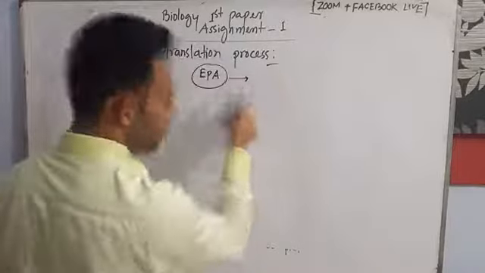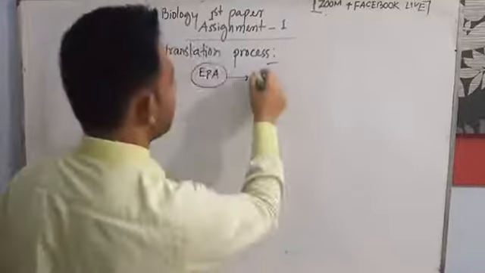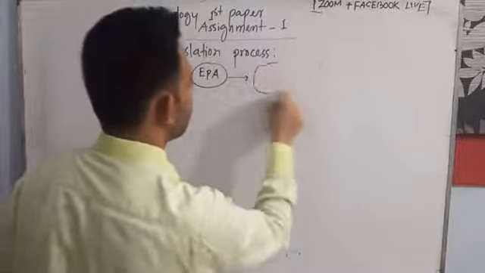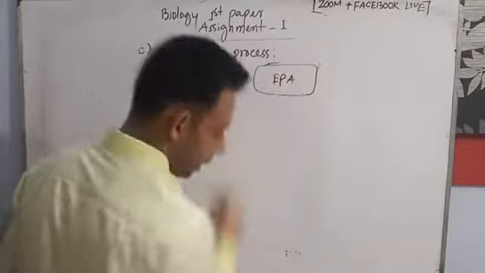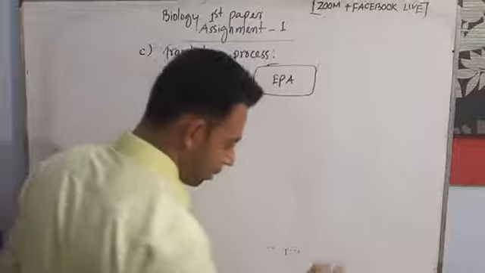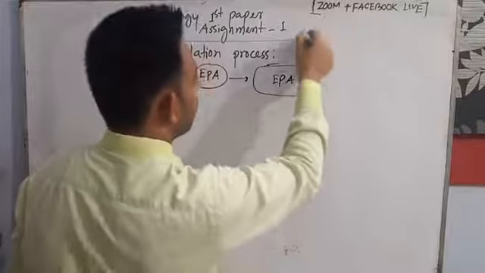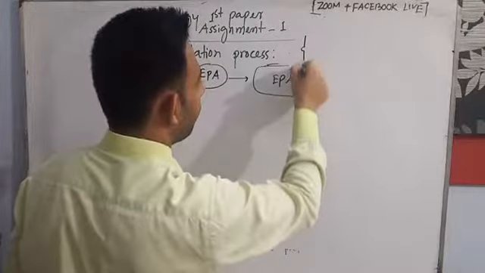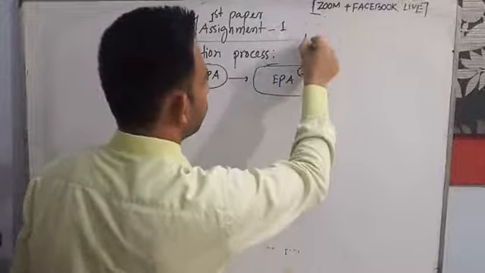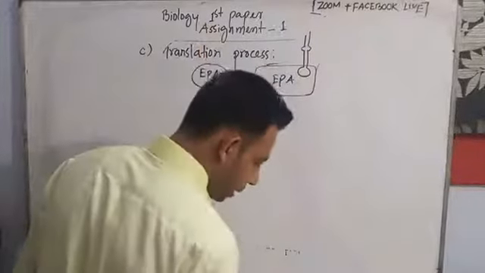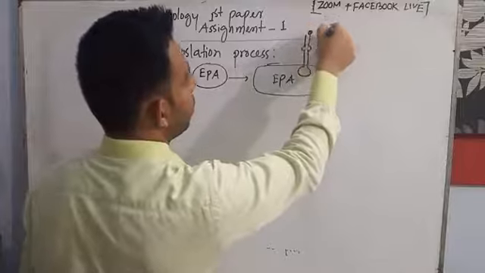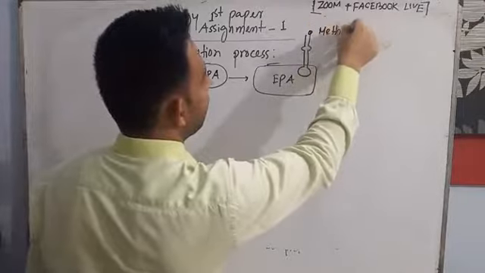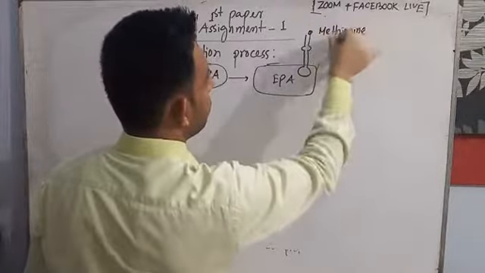Okay, this EPA is connecting with, suppose this one, the EPA. What the EPA is, I will tell you, just wait a bit. This is the point: methionine initiator. This one is a methionine initiator.